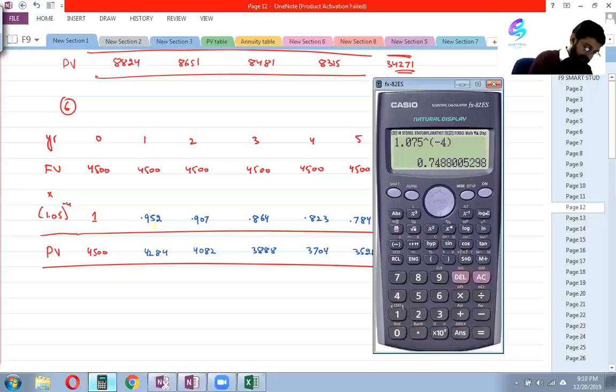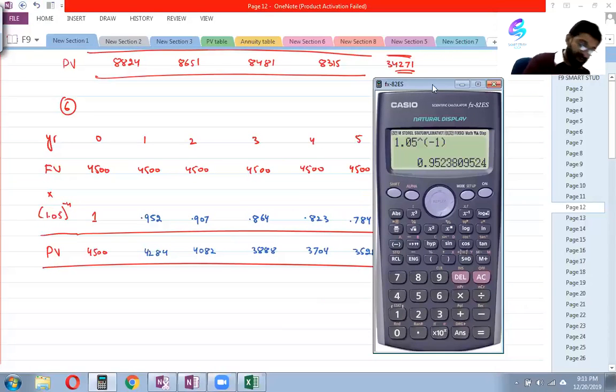Well, this is 1 plus R raised to the power minus N. So for year 1, it will be 1.05 raised to the power minus 1. So what did you get? 0.952. Similarly, if you do 1.05 raised to the power minus 2, 1.05 raised to the power minus 3, it will give you these figures.